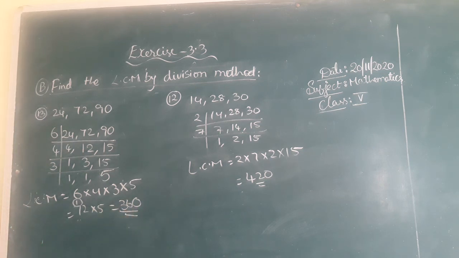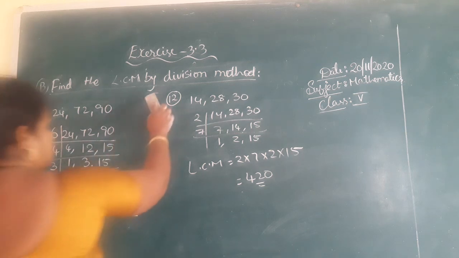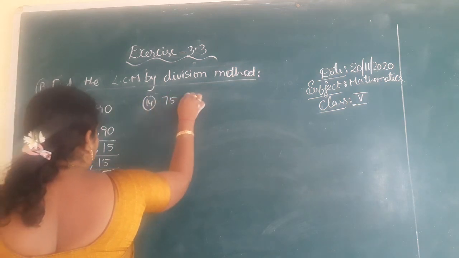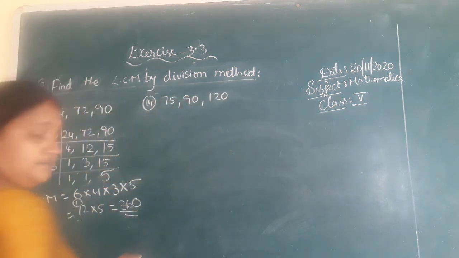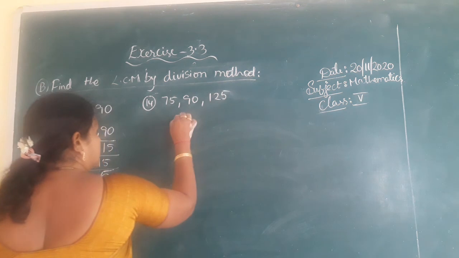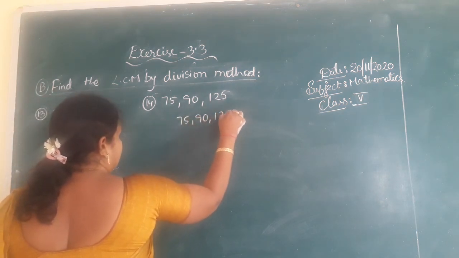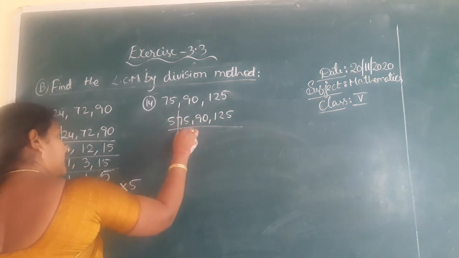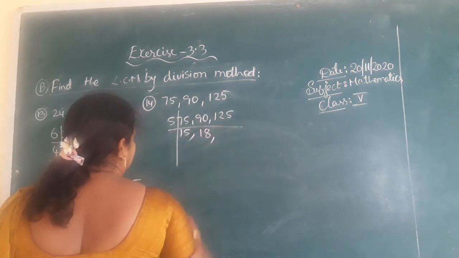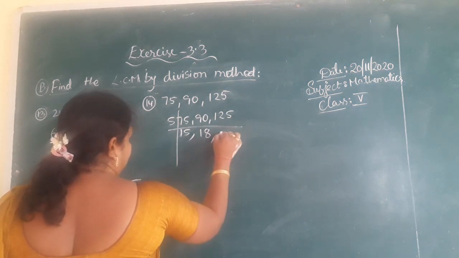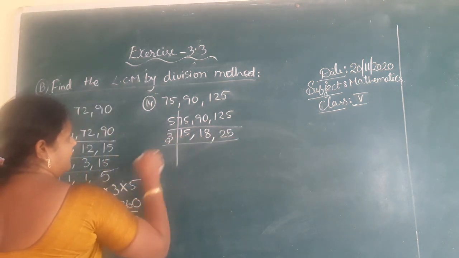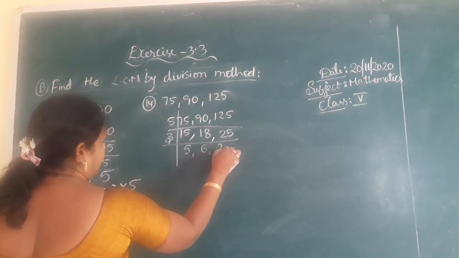See the 14th one. 75, 90, 120. These three are divisible in the 5 table. 5 15s 75, 5 18s 90, 5 24s 120. 15, 18 and 24. 15 and 18, these two are divisible in the 3 table. 3 5s, 3 6s, and 24.